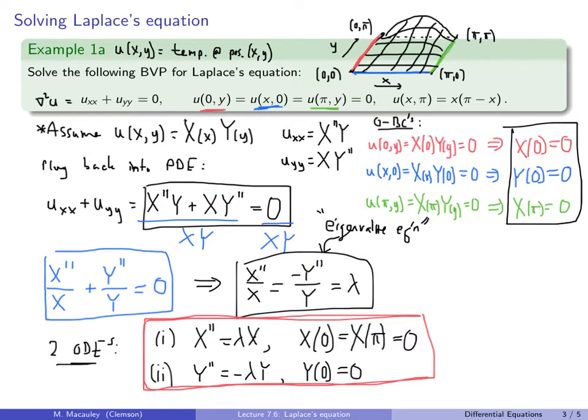We know that lambda is negative n squared, and we know that x is sine of nx. So all we have to do now is solve this. So let's see. Let's clear this off, and then I'll solve these two things, and then we'll be done.